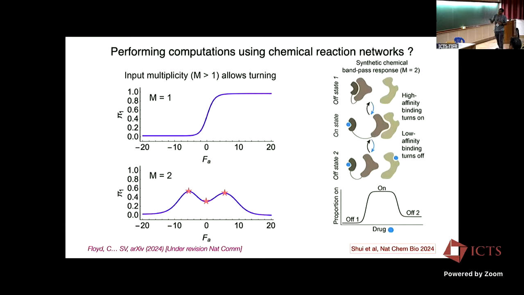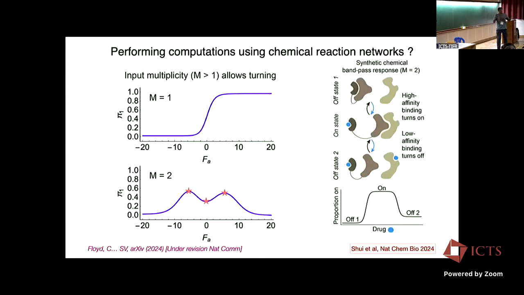So as I told you, if I just have one input and I want to create something that's not a sigmoid but has a hump, you need a multiplicity of 2. There's this very nice paper that came out fairly recently in Nature Chem Bio, where they wanted to create a band pass filter with a protein, and the minimal thing that they had to do to enable this is they had to enable this ligand, this drug, to actually bind the protein in 2 different ways.